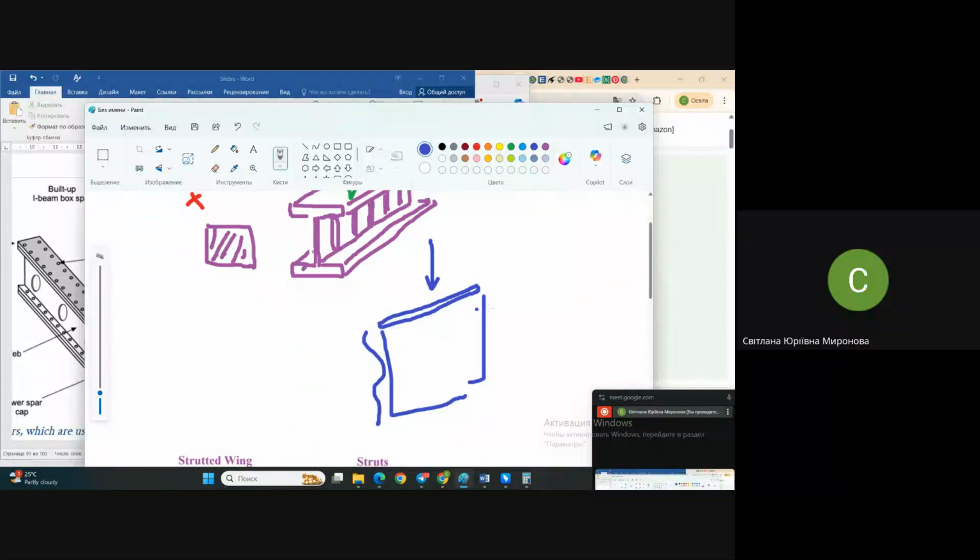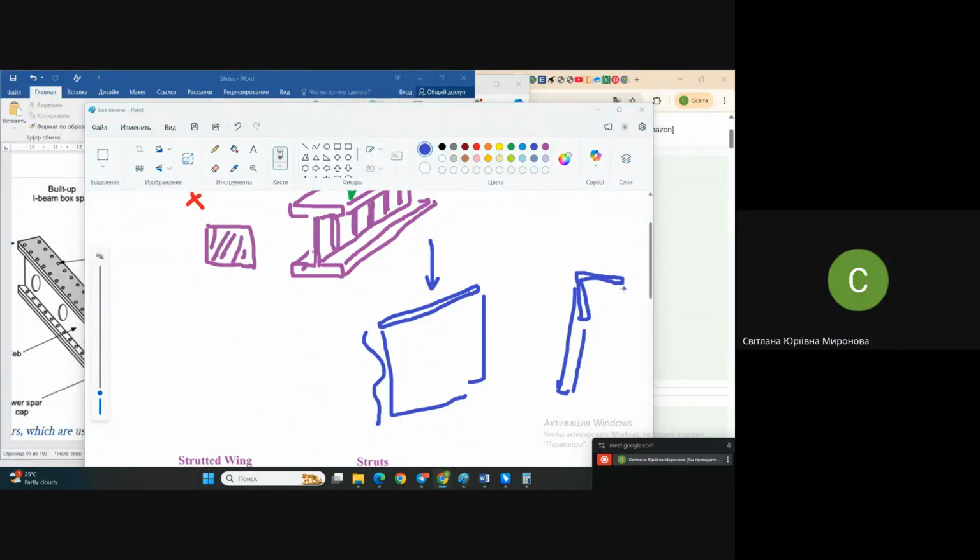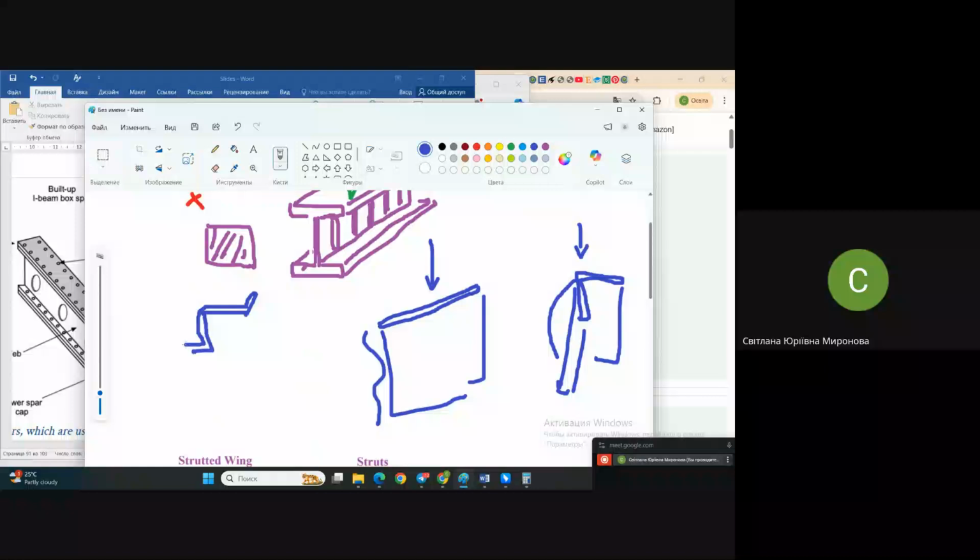Take the same piece of paper and fold it. Do something like an L shape, and try to apply the same load. What will happen? It already buckles less. Fold it once again. Just make some simple experiment at home. Fold it several times and apply the same load, and you will see that this time maybe it's already able to withstand the load.